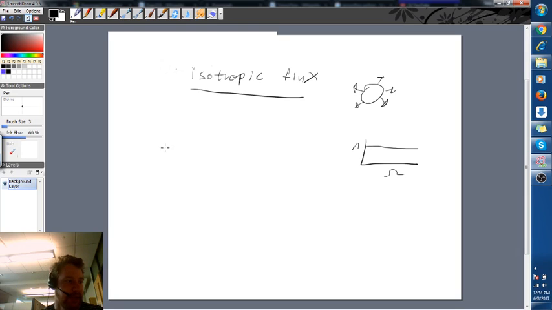And what we can say here is, in this special case, the angular flux, and I'll omit the time variable just for simplicity's sake, equals 1 over 4 pi times the neutron flux, or just the flux.